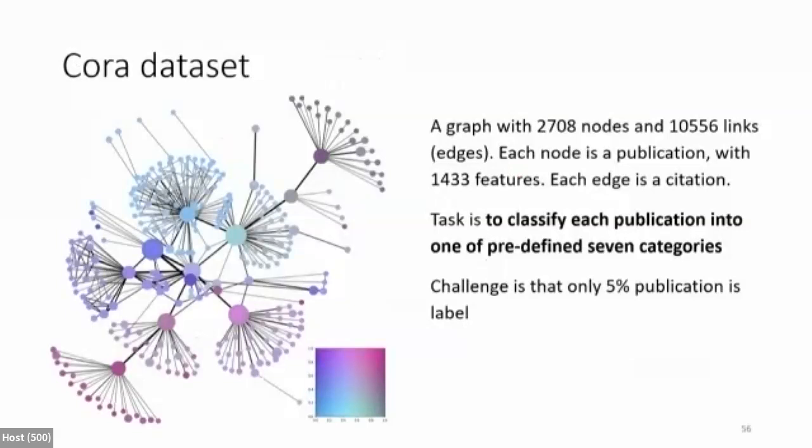For the second example, we have this Cora dataset that Alina just introduced for the citation work. Here, you only have one graph, and this graph has 2,708 nodes. Each node represents a publication, and among those publications there are about 10,000 links.